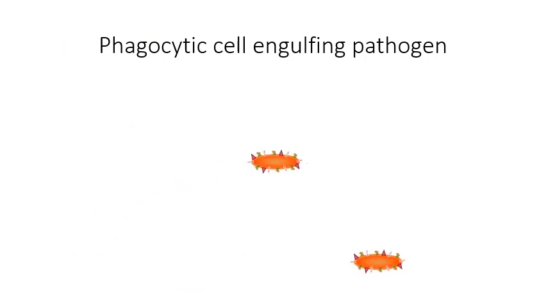Okay, so as you can see on the screen here, we've got some pathogens in orange here that have some non-self antigens on their surface. So my body, your body, they would recognize those antigens on the surface of these pathogens as non-self. So if one of our immune cells were to come into contact or come across the path of these pathogens, they would hopefully recognize them as non-self.